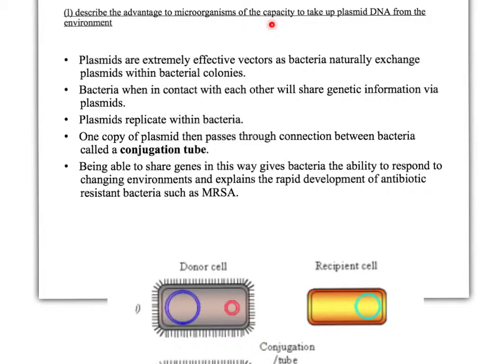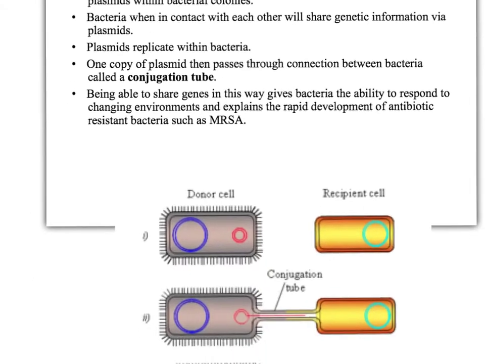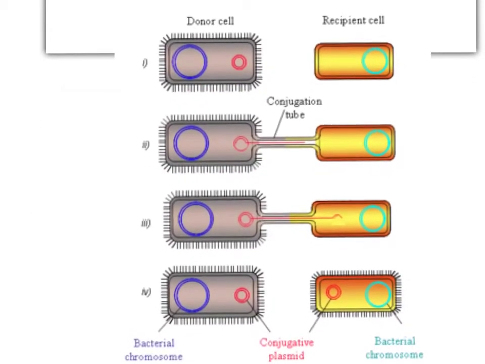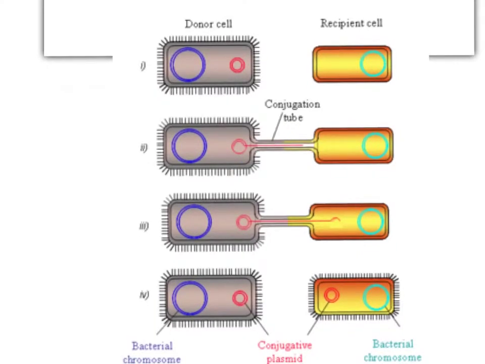So if you can imagine, here's a bacterial cell with its main DNA, and here is a plasmid. This plasmid can replicate, and one of the copies passes through a structure which extends between two neighbouring bacteria called a conjugation tube.